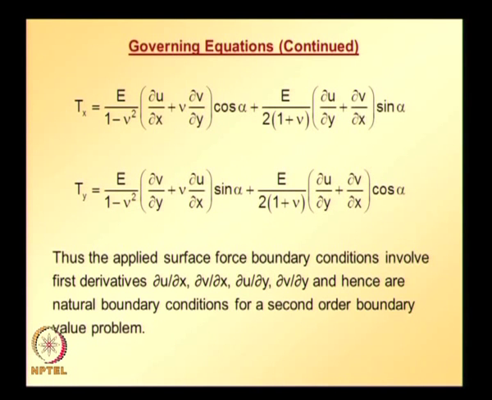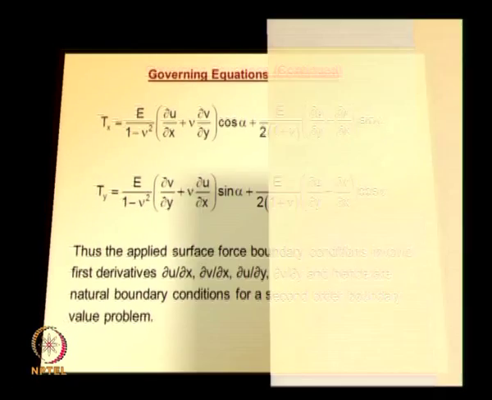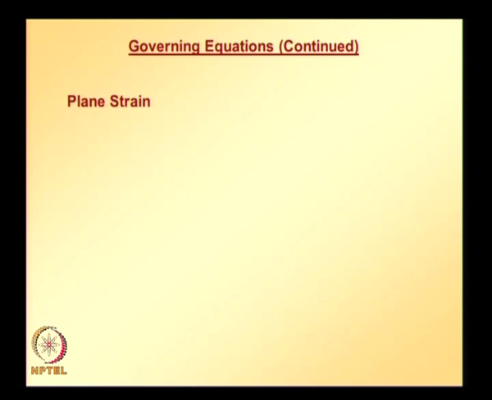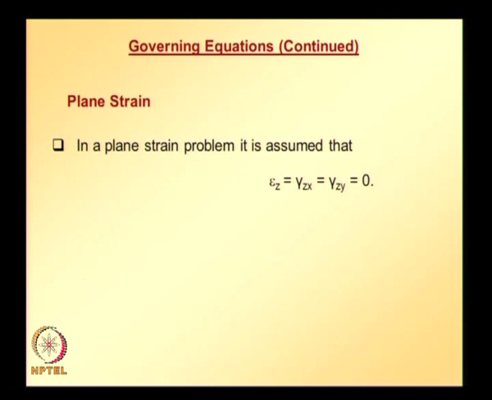So, so far we have looked at the plane stress case, and now let us see what plane strain is. Again, plane strain, as the name itself indicates, is self explanatory. The in plane strain components are going to be non-zero and the out of plane strain components are going to be 0. In plane strain problems, it is assumed that epsilon z, the out of plane normal strain component, and also the shear components gamma zx and gamma zy are 0.